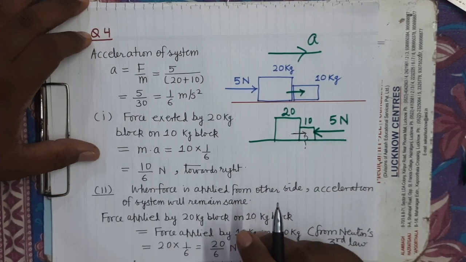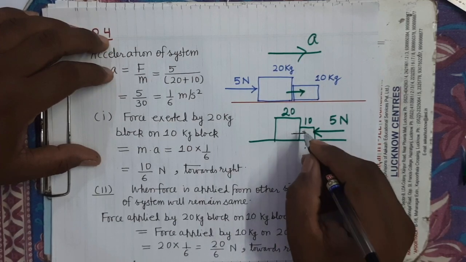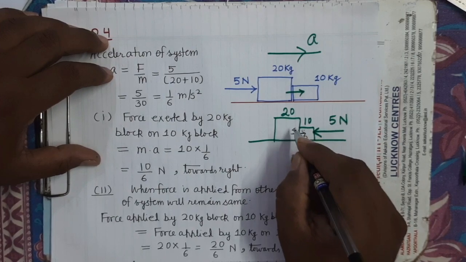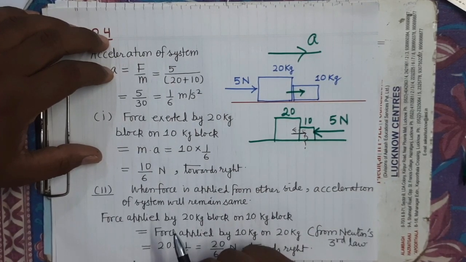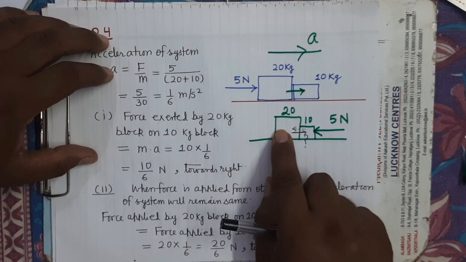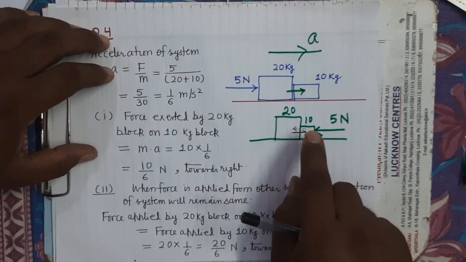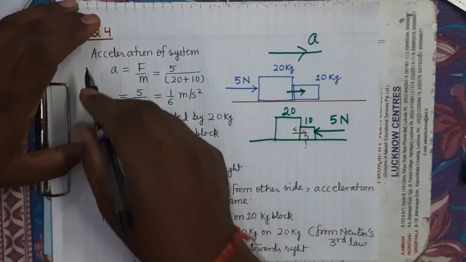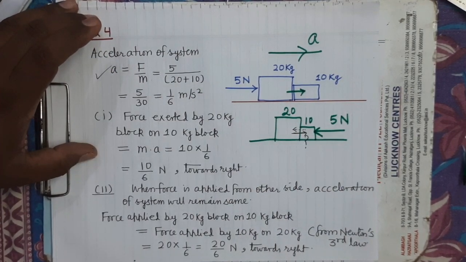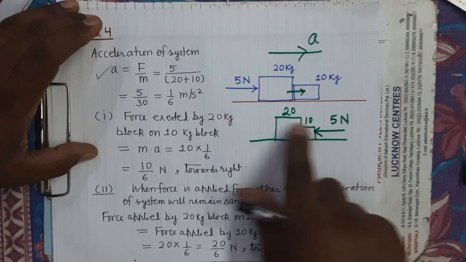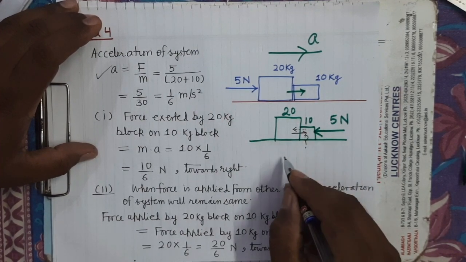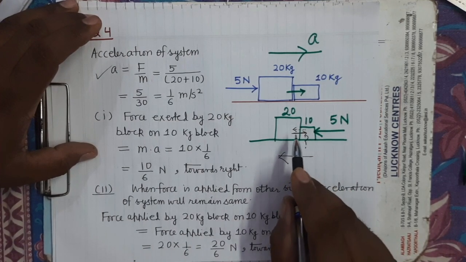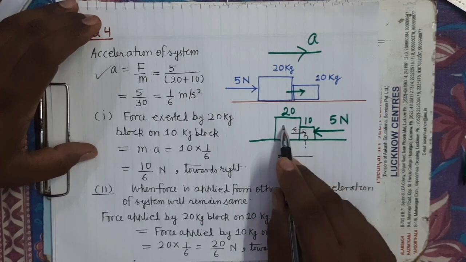So see here, we will determine the force which 10 exerts on 20, because both forces will be equal. The force which 20 exerts on 10 will be the same as the force which 10 exerts on 20. It's clear? So the acceleration of the system will remain the same, 5 upon 20 plus 10, that is 1 upon 6 meter per second square, but now the direction will be reversed.